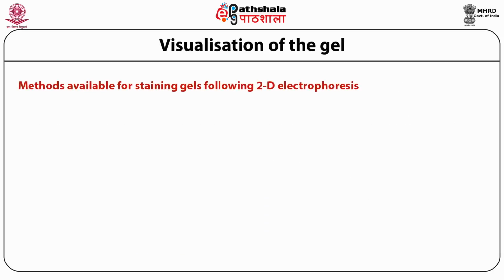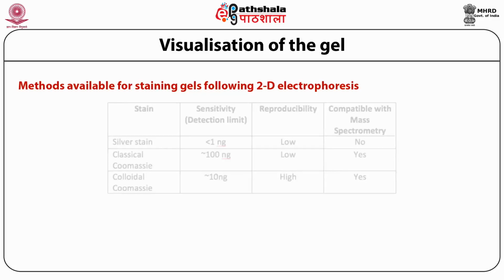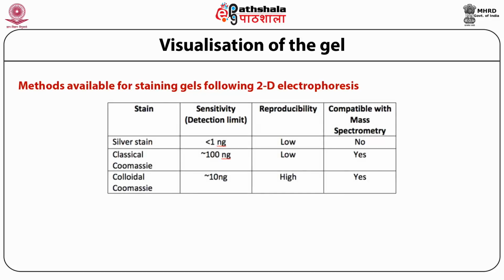After the completion of the SDS polyacrylamide gel electrophoresis, the gels are now taken up for staining. We have a number of options for the staining. For example, we have silver stain, the classical Coomassie, and a modification of Coomassie called colloidal Coomassie.